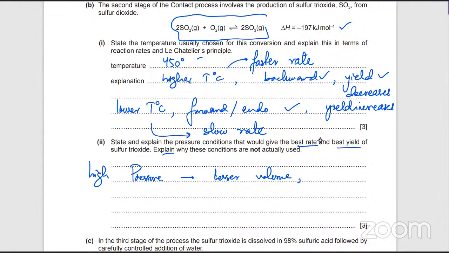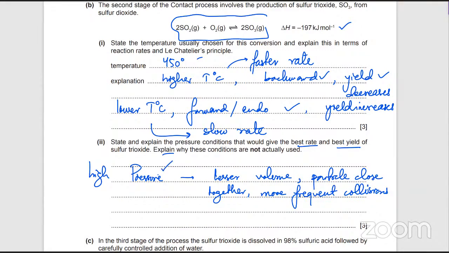Lesser volume का मतलब है कि particles are closer together, which is why you will get a faster reaction. Why? Because you're going to get more frequent collisions if they're close together. ठीक है. So higher pressure would give you a better rate of reaction.